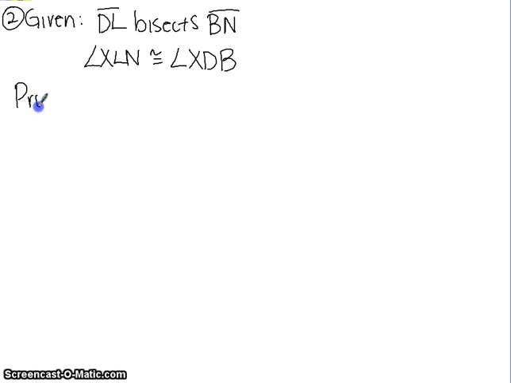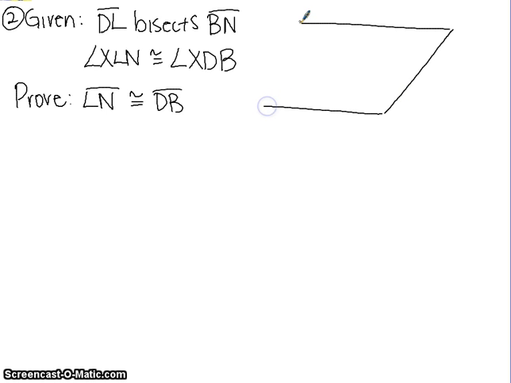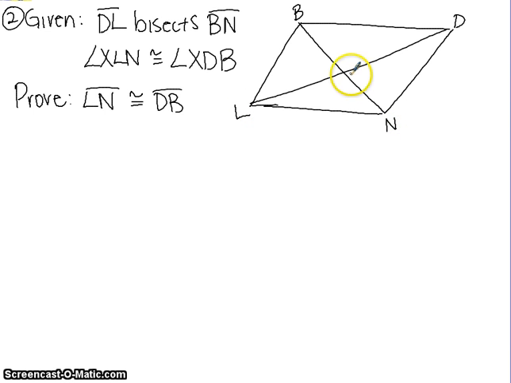And in this one, we want to prove that LN is congruent to DB. And here's our picture. This is a picture of a parallelogram, actually. We have some diagonals in there. B, D, N, L, and this is X in here. So we will set this up.